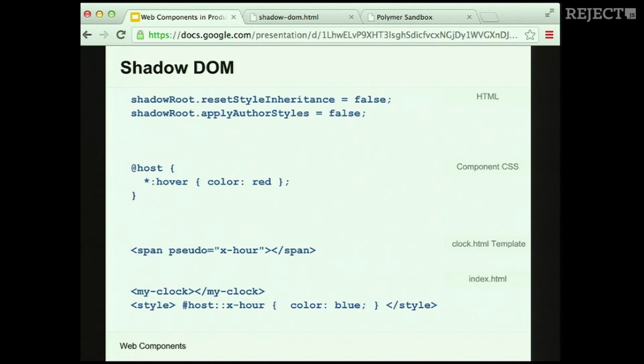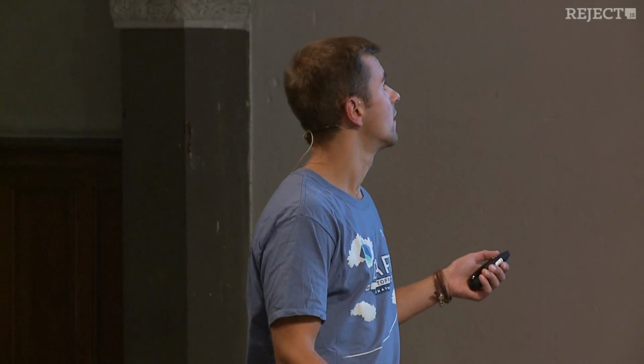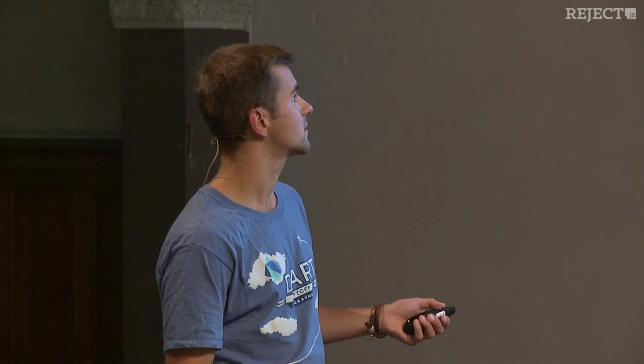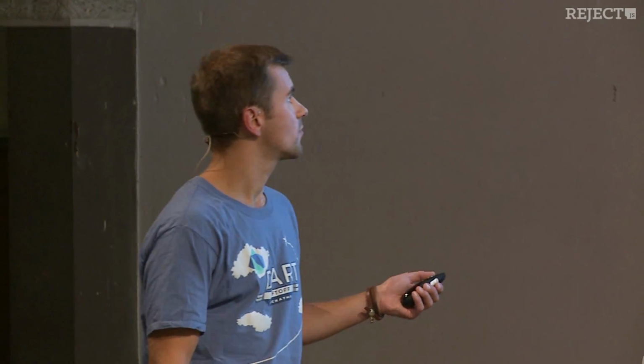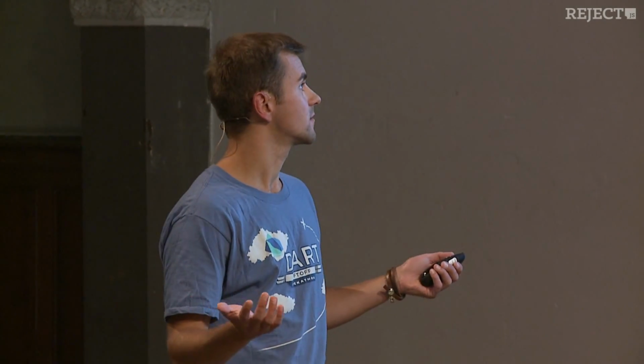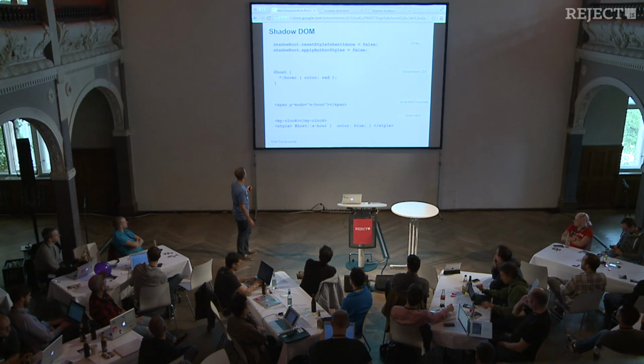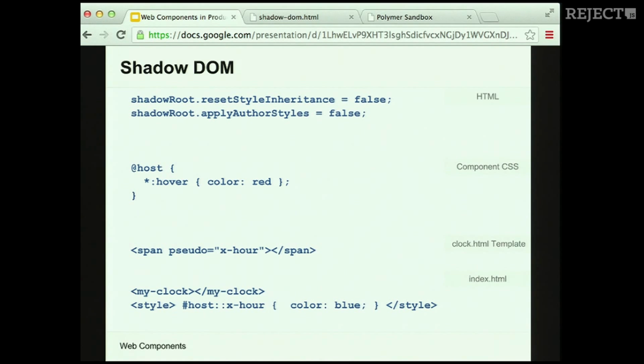And there's also a new thing for the CSS in the component, which is the host. I mentioned that a shadow root is appended to a host. So inside the component, I can apply styling from a host element. And what I really like the most is I can define my own pseudo classes. So I can say in my clock, the hour span, I want to say that this is a pseudo class. So you can say like x-hour.